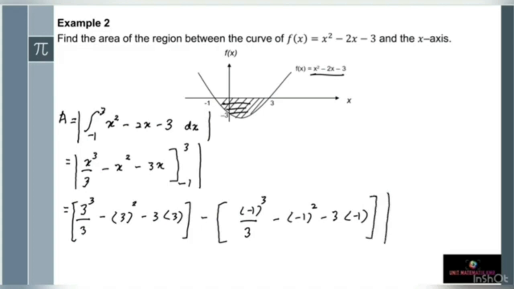Don't forget the modulus here. And if you press your calculator correctly, you should have minus 32 over 3, modulus. So therefore the final answer should be 32 over 3 unit squared.